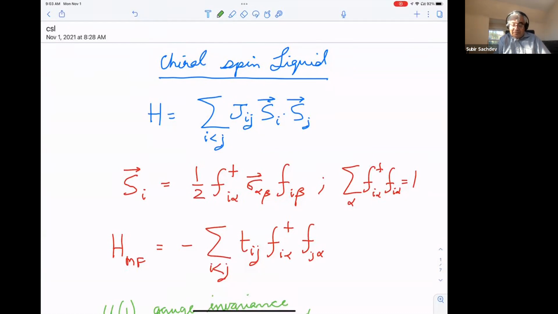So the first one we're going to talk about is the chiral spin liquid. And then, as I promised in my email yesterday, I would go on to the fractional quantum Hall effect. As I was thinking through what I need to cover to give a reasonable discussion of these topics, I decided I should also talk about the integer quantum Hall effect, which will actually be closely related to things we'll talk about today.